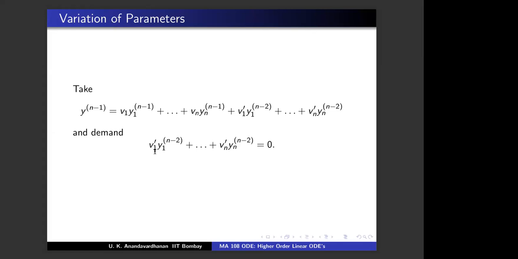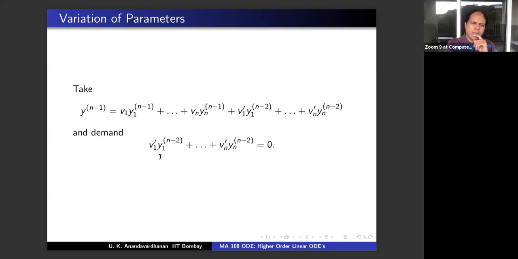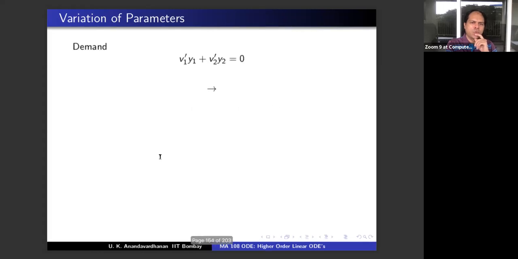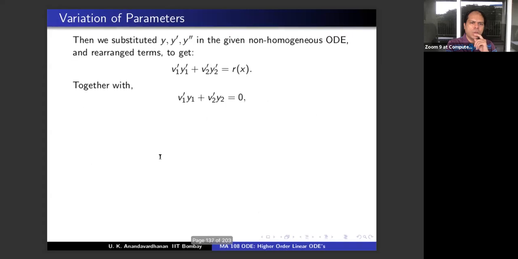Summation vi prime yi to the n minus 1 equals r of x. Correct. v1 prime y1 n minus 1 plus v2 prime y2 n minus 1 and so on equal to r of x. Is it y1 n minus 1 or y1? Go back to n equal to 2.